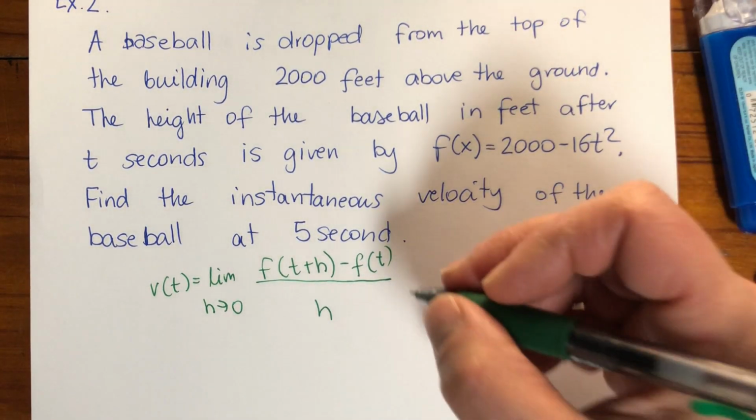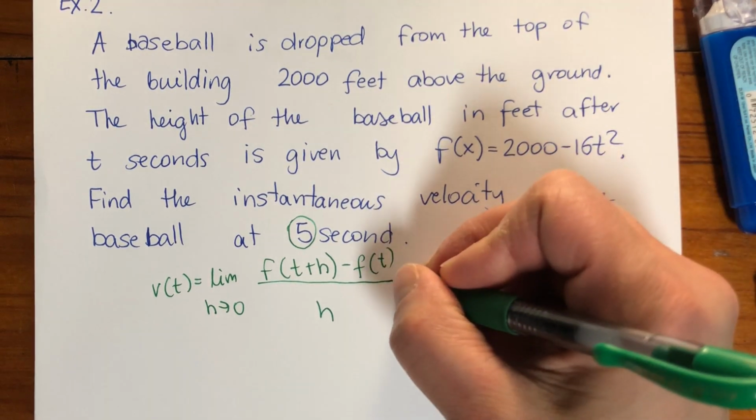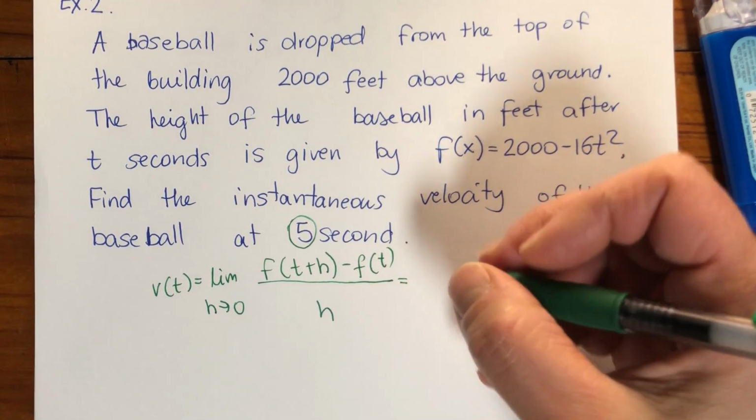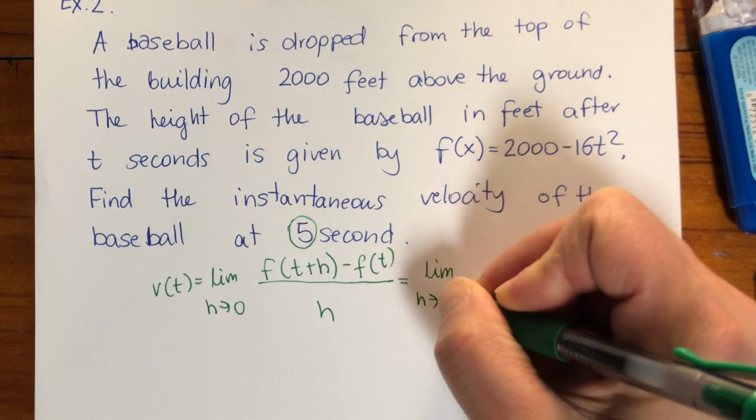And let's see what happens. Again, we are going to plug in the 5 for t. So let's not forget about our limit notation. Limit as h approaches 0.